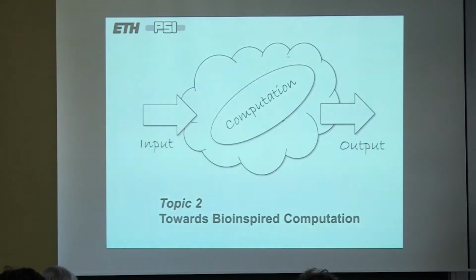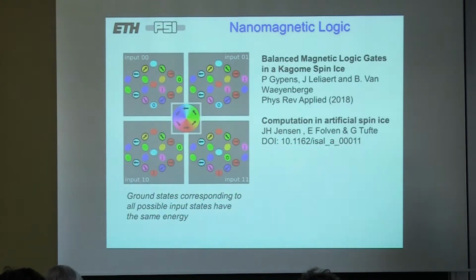Now I should point out that our group is not the only one working on nanomagnetic logic. With artificial spin ice, there are other groups. And this is an example from Bartel van Waeyenberge's group, where they use the fact that you have many ground states, and they use the fact that the ground states corresponding to all input states have the same energy.